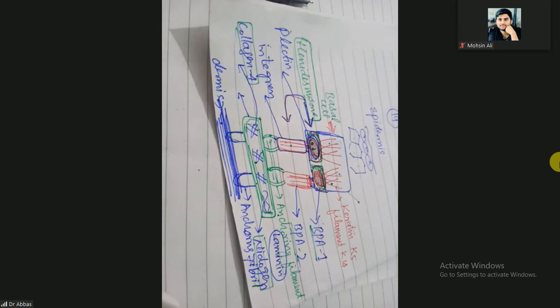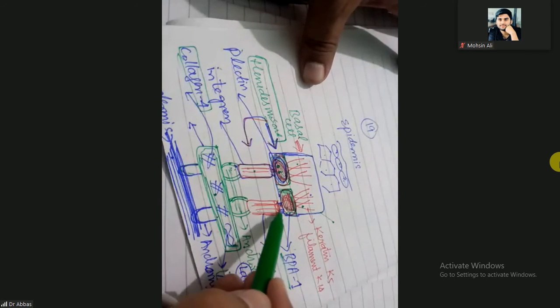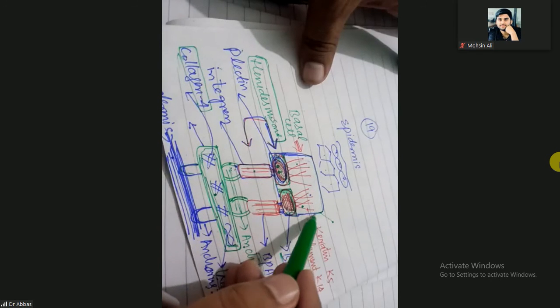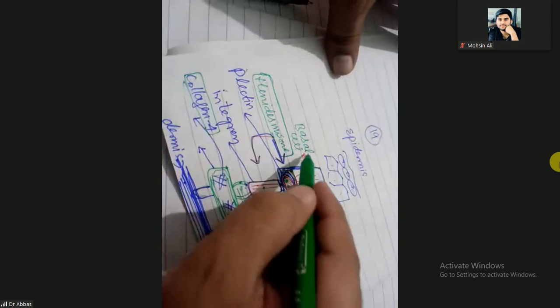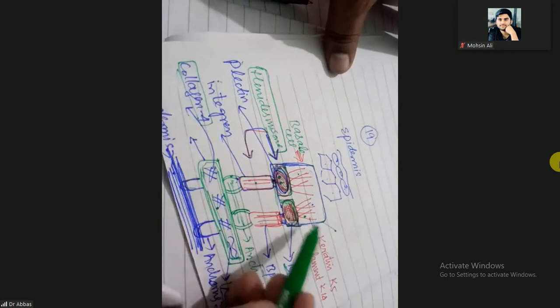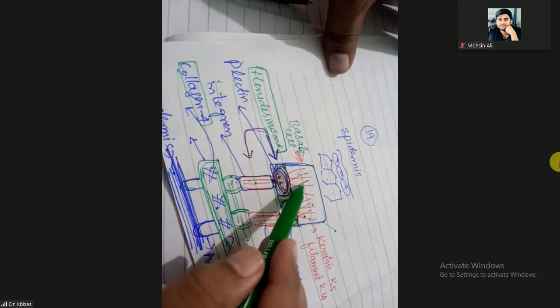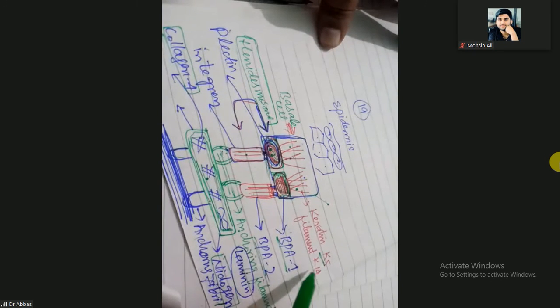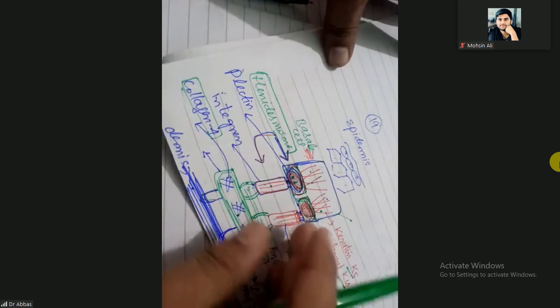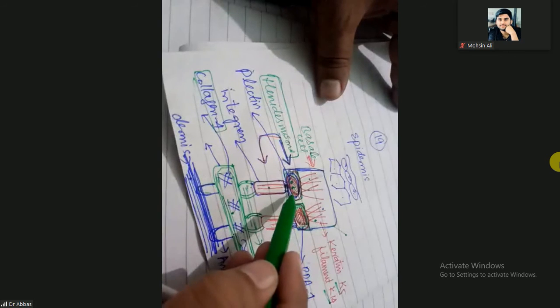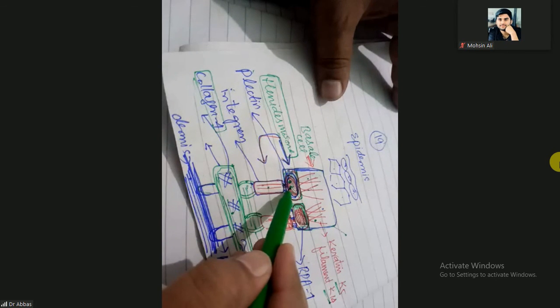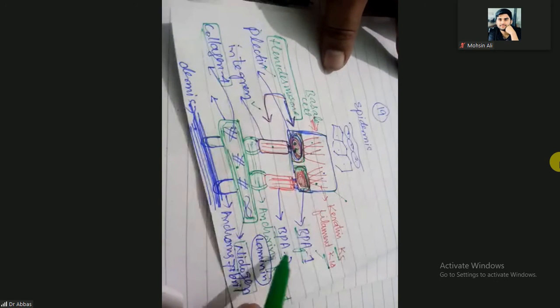I think it will be clear. Is it clear? Okay, again repeating, maybe some students are confused. What is the name of this cell? Columnar cell of the stratum basal. In this cell, there are the keratin filaments K5 and K14. This basal cell is attached to hemidesmosomes having plectin, integrin, BPAG1, BPAG2.